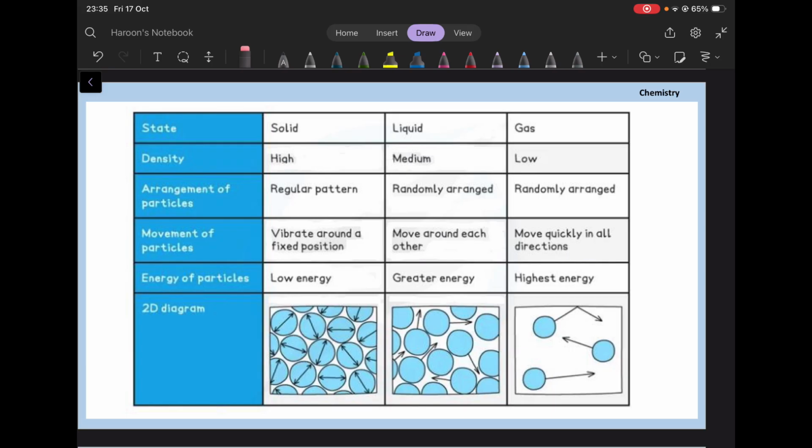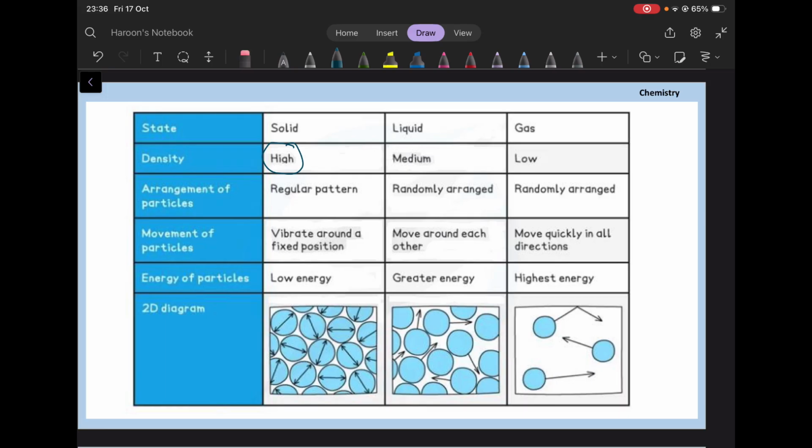And we have discussed the energies as well, solids having the least energy, gases having the highest energy, and the diagrams, the 2D diagrams, as you can see over here, these are examinable as well. Now as far as density is concerned, solids have the highest density. Density, you must have studied this in physics, but if you haven't, density is mass over volume.